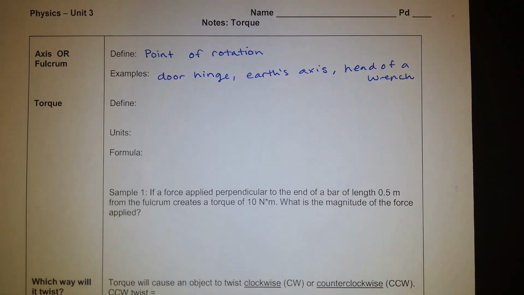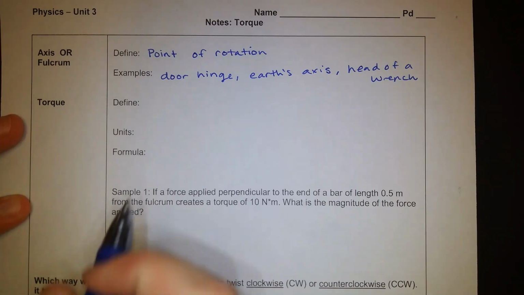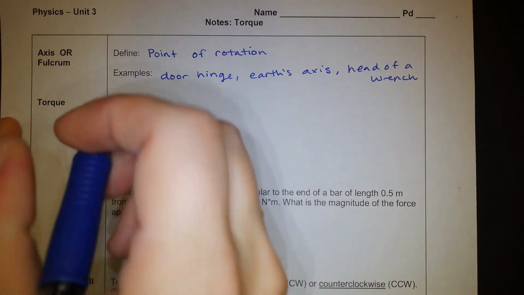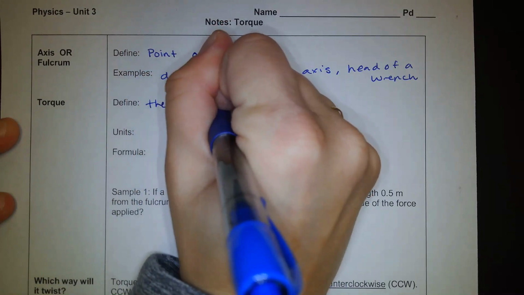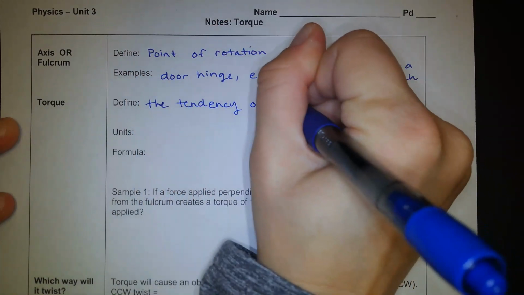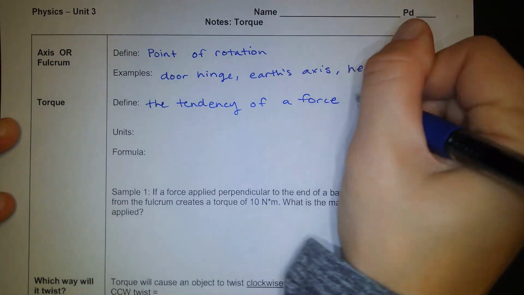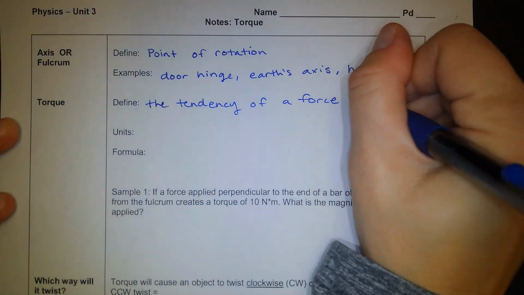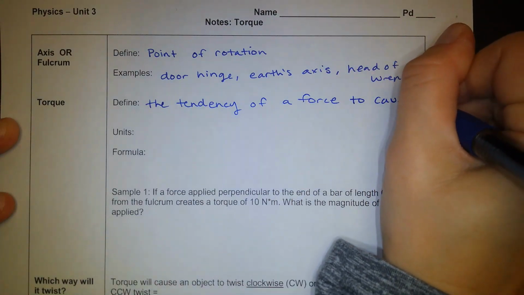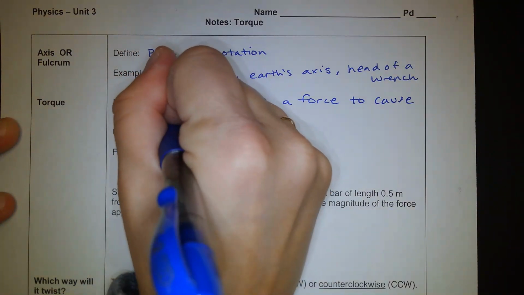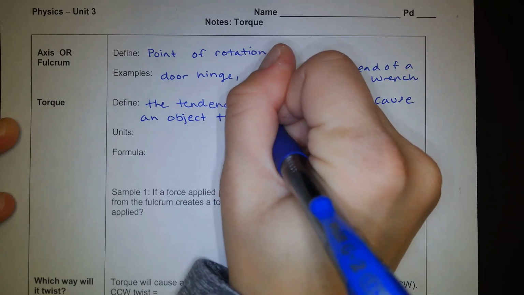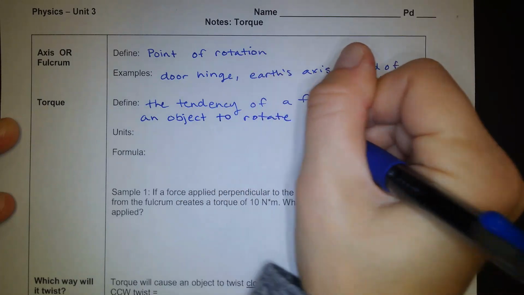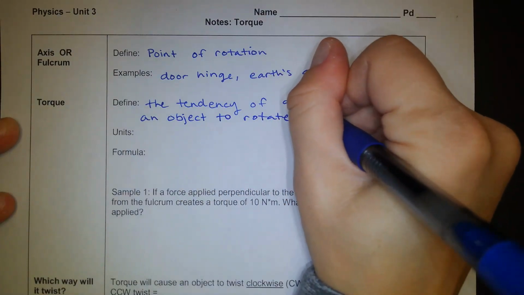So dealing with this pivot, this turning, right? This is what torque is going to be. It's the tendency of a force to cause an object to rotate about an axis.